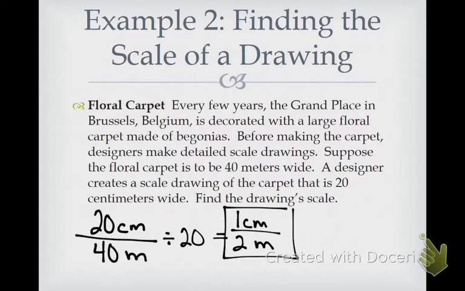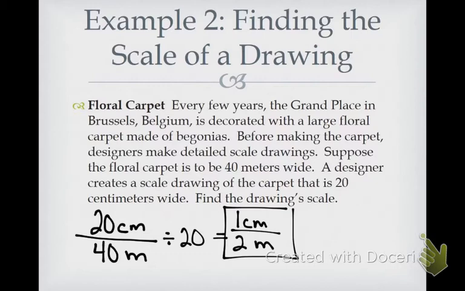You see how we figured that out? So in all of your homework questions, it's going to be scale over actual. You could write that off to the side as your basis for setting up any of these ratios. That would be helpful to write down. Scale over actual. That's how I set up these ratios.